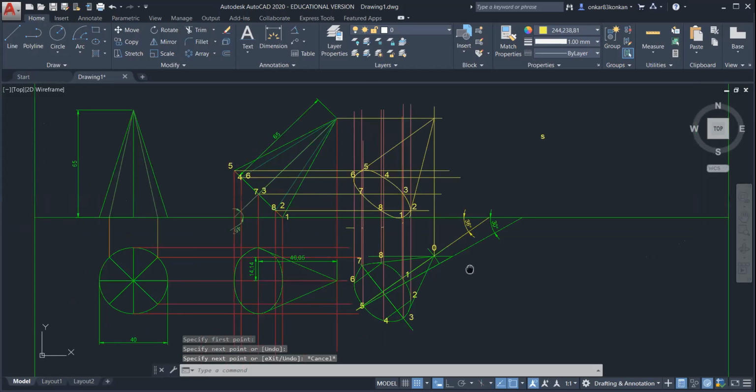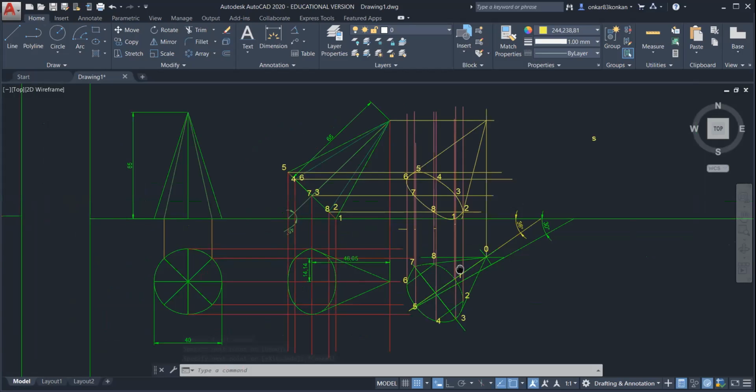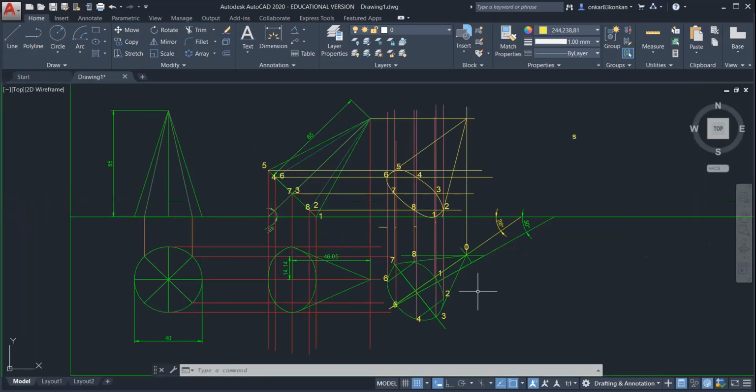So this is your third stage front view. As we have rotated this second stage top view in the counterclockwise direction, the base is visible. So this is the condition when the apex is away from the observer.